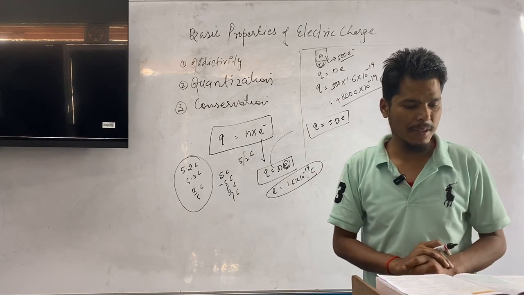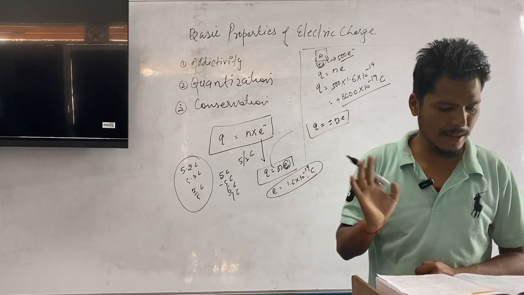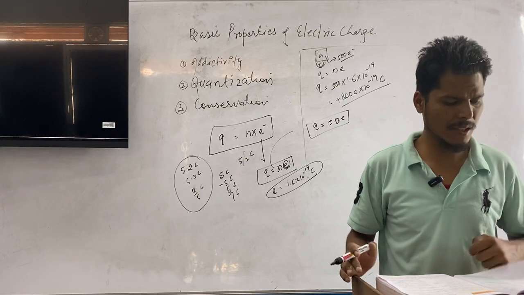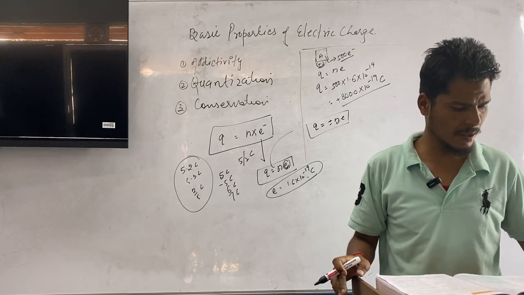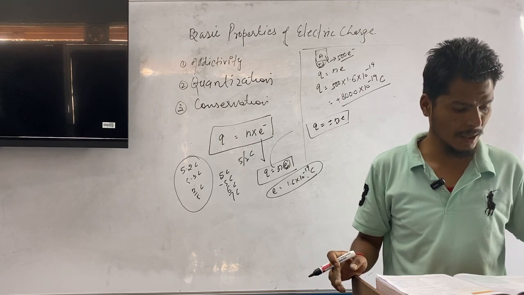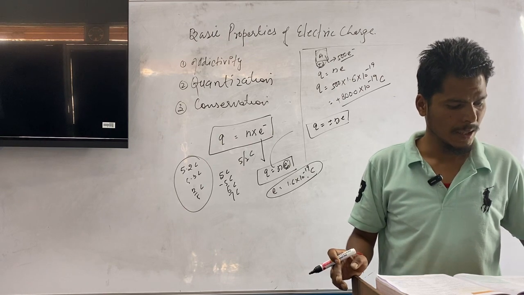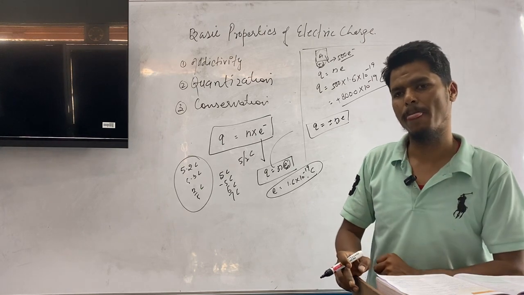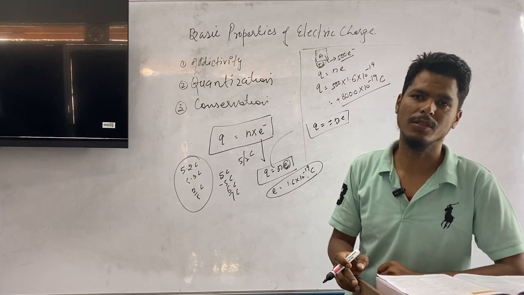This theorem was first introduced by the great scientist Michael Faraday. Michael Faraday suggested this property of charge, and later Millikan proved this property of electric charge.